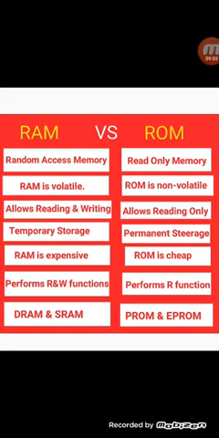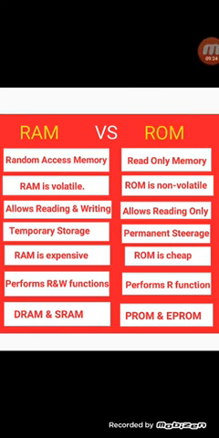The full form of RAM is random access memory and the full form of ROM is read only memory. Next, RAM is volatile and ROM is non-volatile. RAM is volatile means RAM is temporary memory, and ROM is non-volatile means ROM is permanent memory.